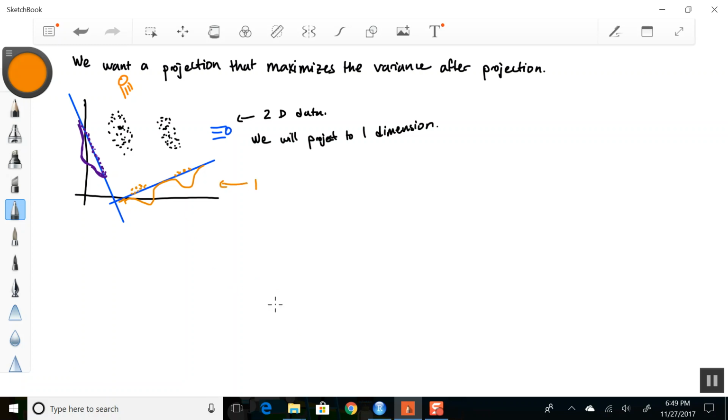Okay, so this density has more variation. None of the observations are very close to the mean.